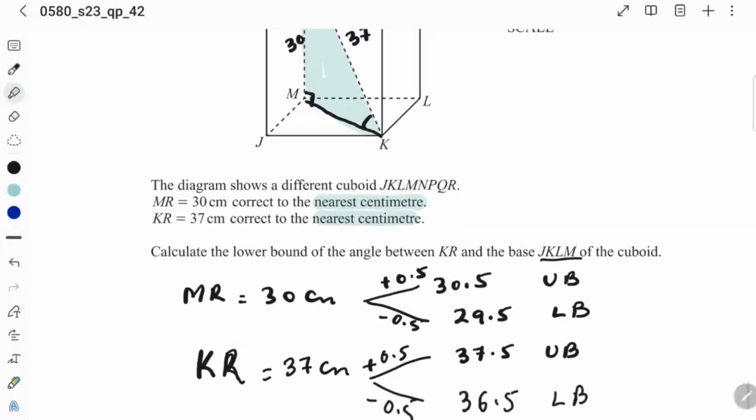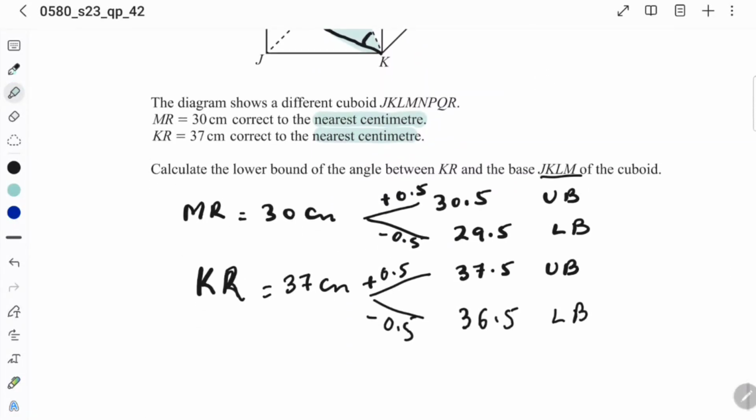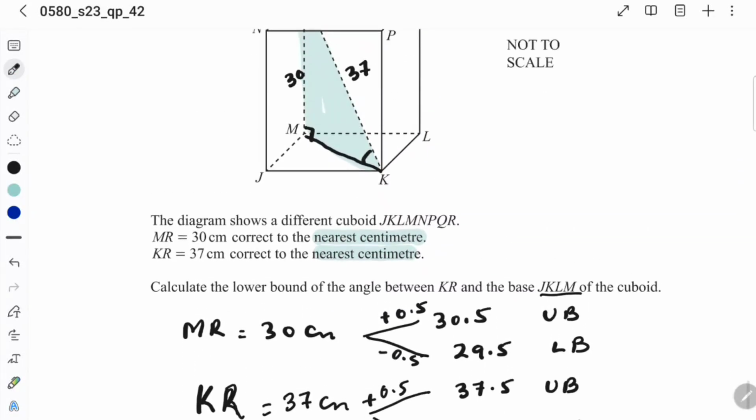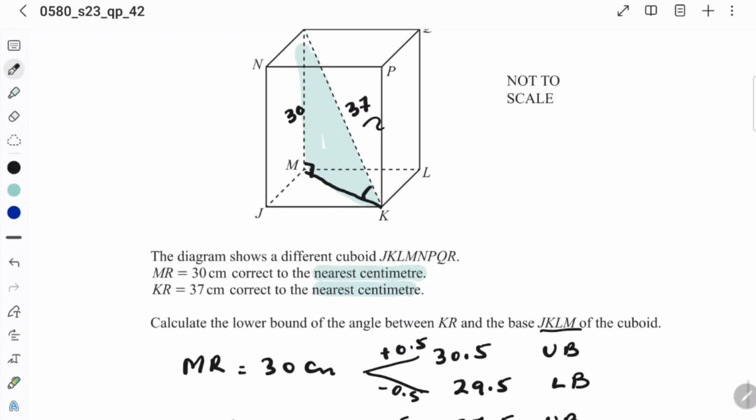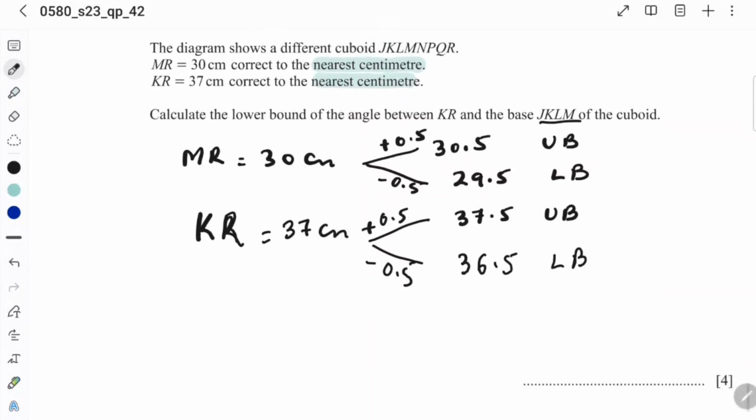So for example in this question, here this is your hypotenuse and this is your opposite side. Obviously sine is applicable, so sine theta is equal to opposite upon hypotenuse, and we want to know the lower bound here.